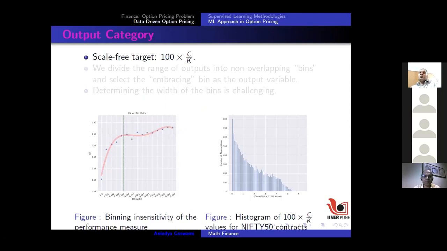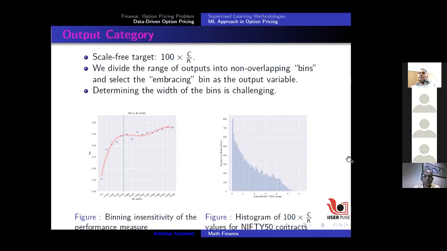Whenever we talk about option price as an interval, exactly finding the width of the interval is also important, so we study some asymptotic things to decide one particular length of the interval where the errors etc. stabilize.